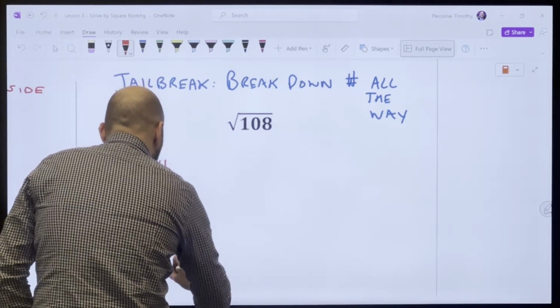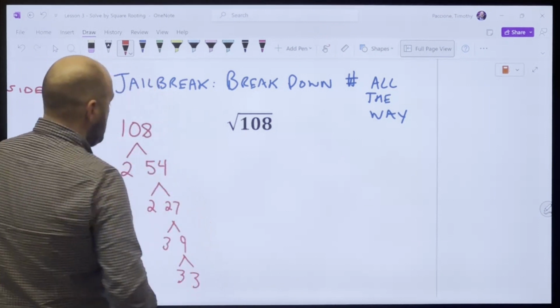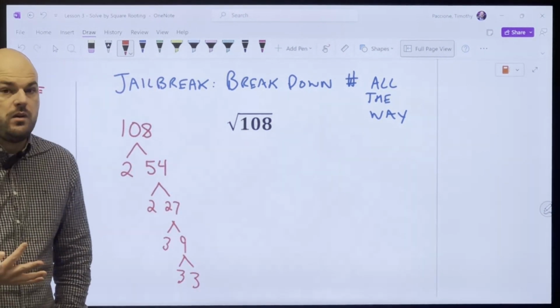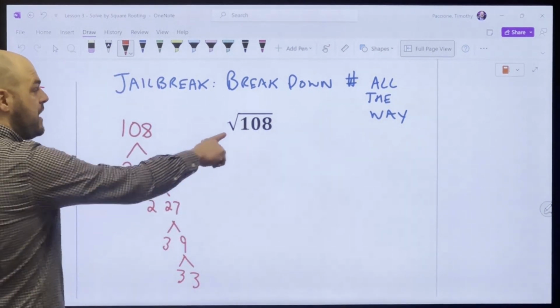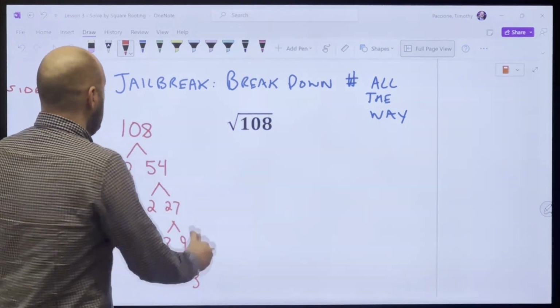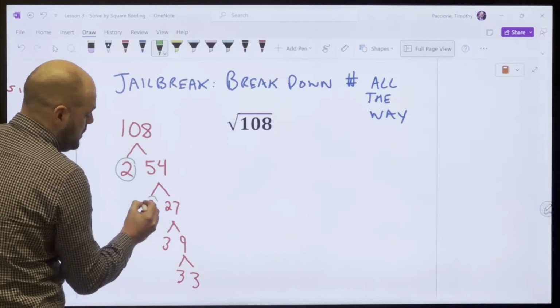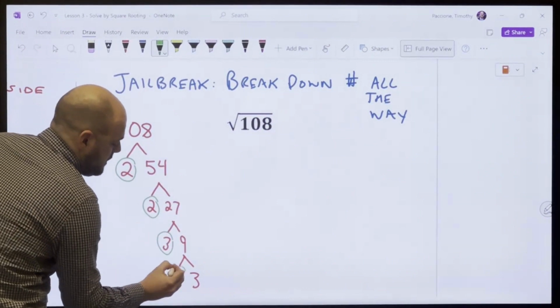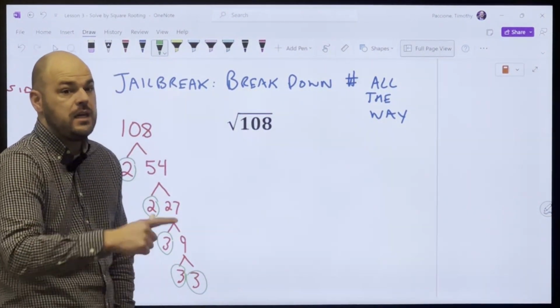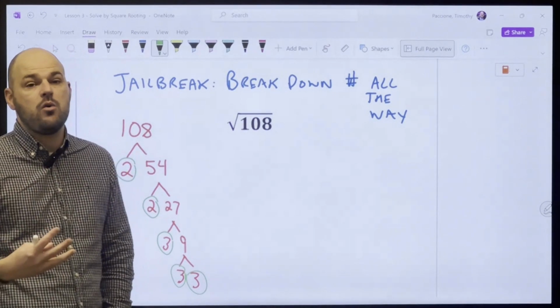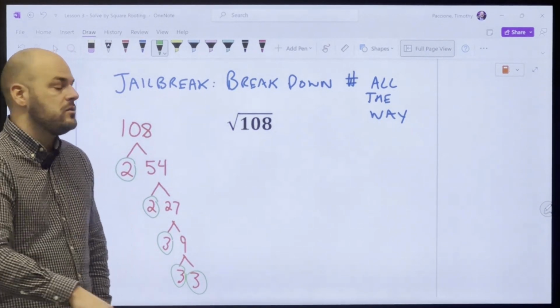And then 9 becomes 3 and 3. So I created this big factor tree, right? And I've broken down 108 as much as I can break it down. I know, because of how factor trees work, that 2 times 2 times 3 times 3 times 3 is 108. So I've broken it down all the way, and those are the factors, right?